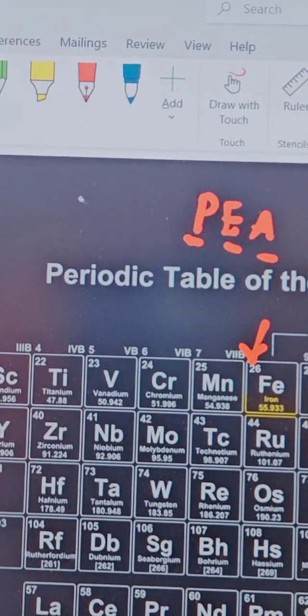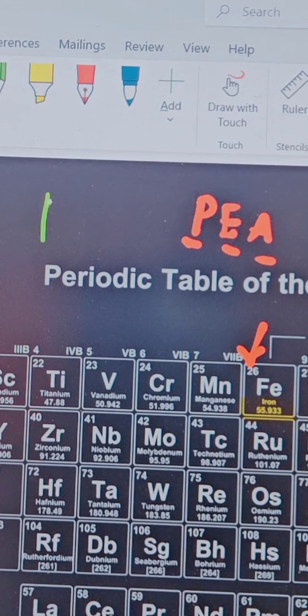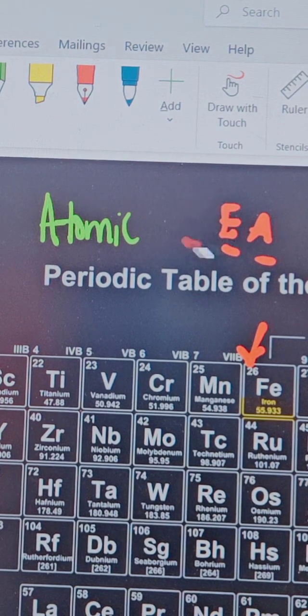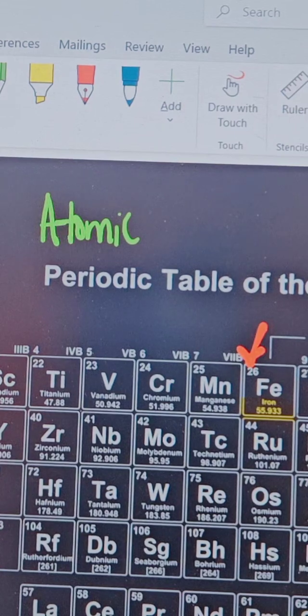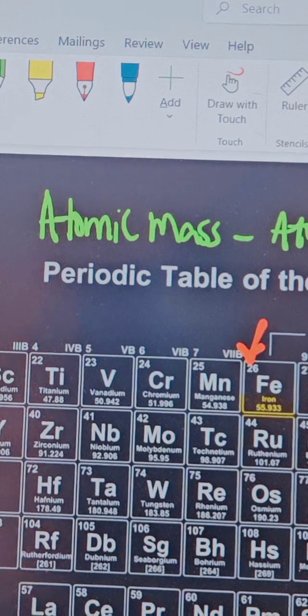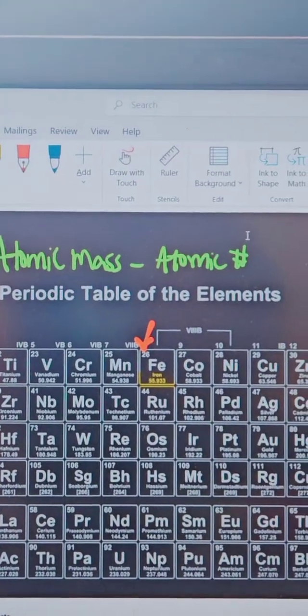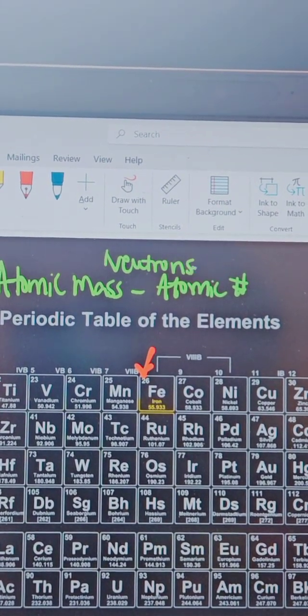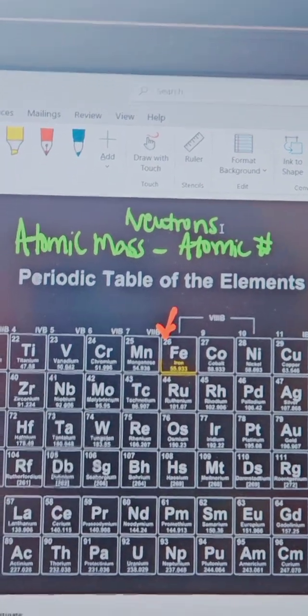When you're dealing with neutrons, okay, you are going to take your atomic mass number and you're going to subtract your atomic number from it. And that will give you your neutrons, okay? That will give you your neutrons.